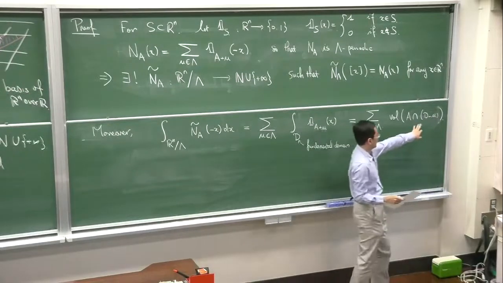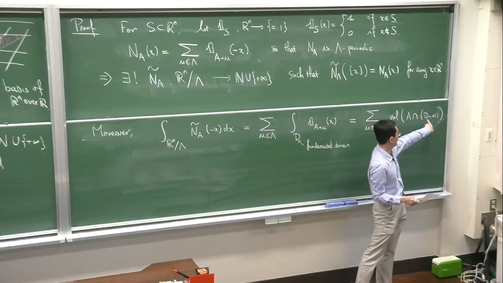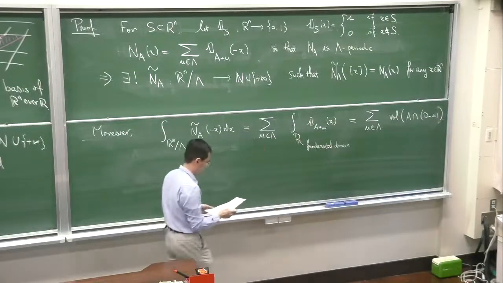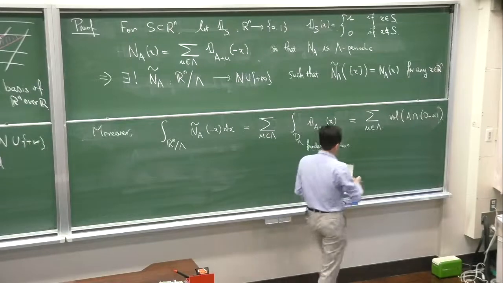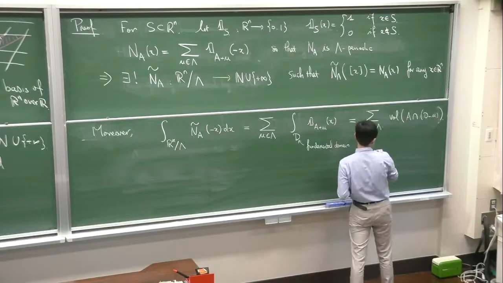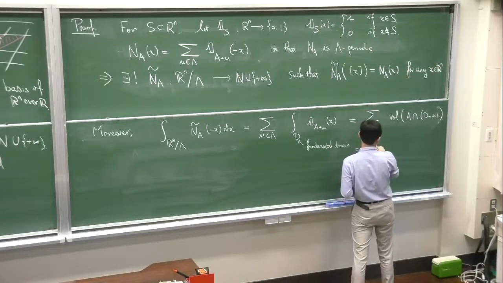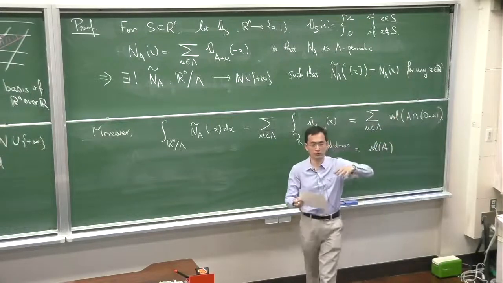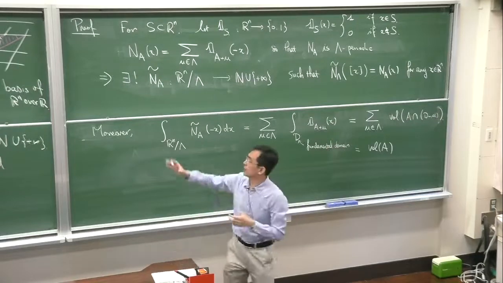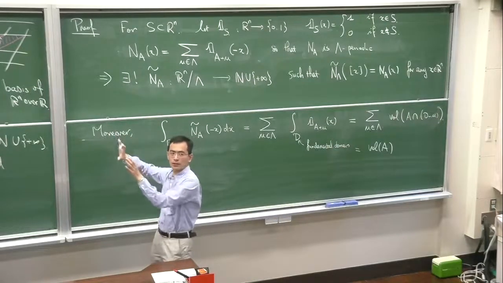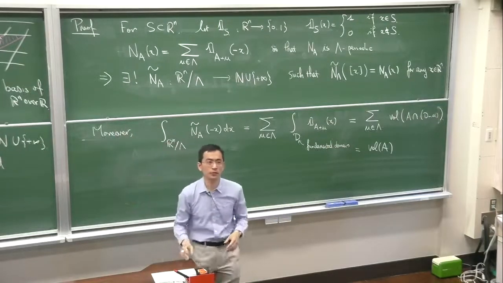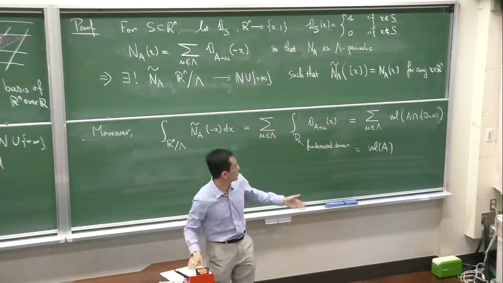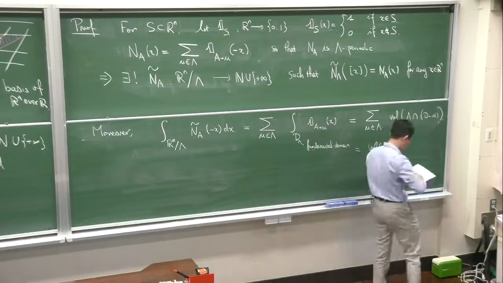And the miracle is that the union of the D - u is a union without intersection, and this sum is nothing but the volume of A, because you compute the volume of A intersected with each translation of the fundamental domain, and the sum produces exactly the volume of A.